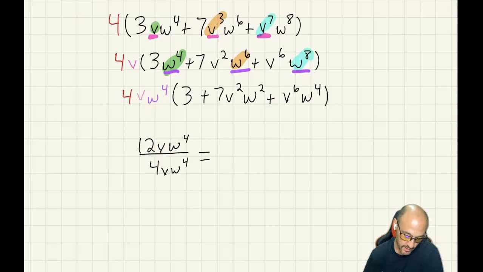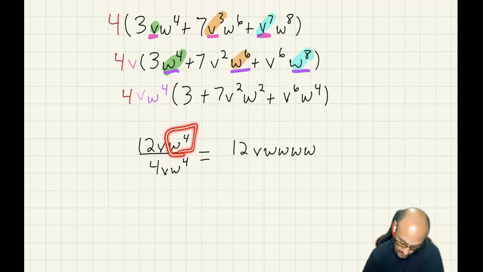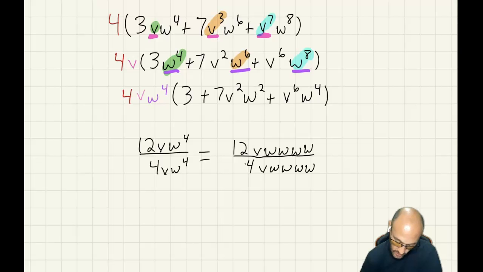And if we think about what w to the 4th means, this actually means w times w times w times w, right? Because that's what w to the 4th means. And in the denominator, we have 4v w times w times w times w. And so each of these w's cancels out, right? And the v's cancel. And 12 divided by 4 is 3. That's why we end up with just a 3 in there.